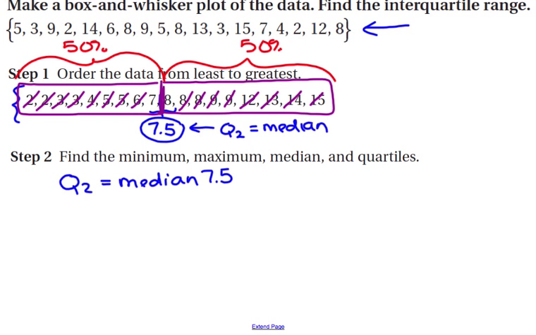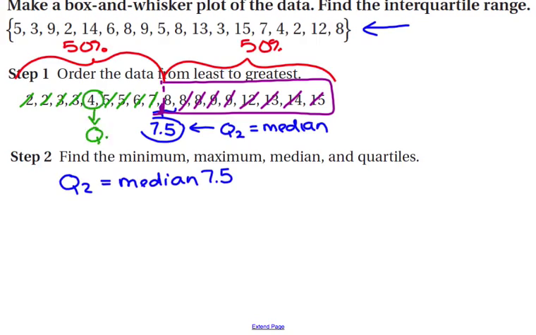Now we have to split it in half again. So let's work on splitting up. I'm going to erase this now because we have all these numbers here. Let's work on the lower half. We're going to count 1, 2, 3, 4, and then this number right here is our quartile 1.